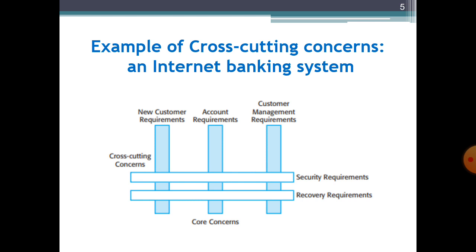Core concerns are defined at a specific functionality level, but cross-cutting concerns are discussed at a system level because they belong to non-functional requirements. Always remember these are hard to measure and hard to achieve in the entire system, so there is always a trade-off between different cross-cutting concerns for any project.